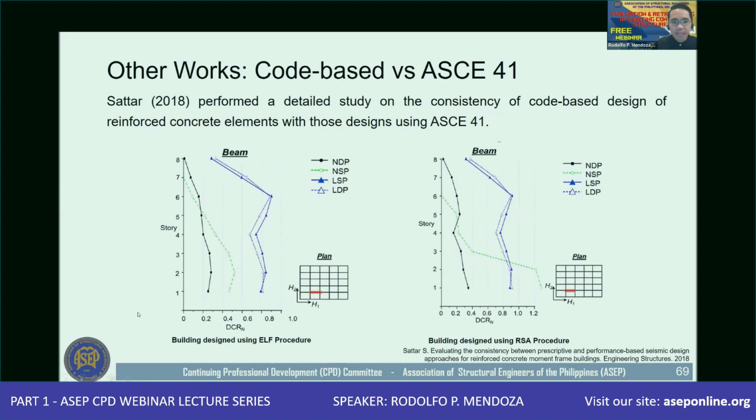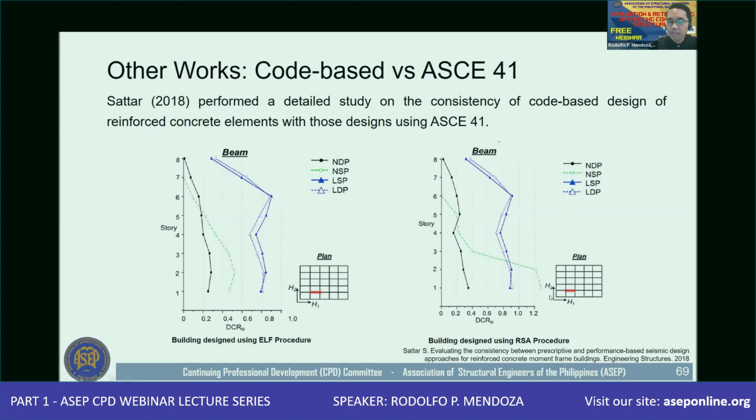You will notice here that if a building was designed using code-based assessment and using the ELF procedure, and you perform an analysis using ASCE 41, if the analysis was performed using linear procedure, some of the beams would have higher DCR as compared to an analysis that was run using nonlinear methods.